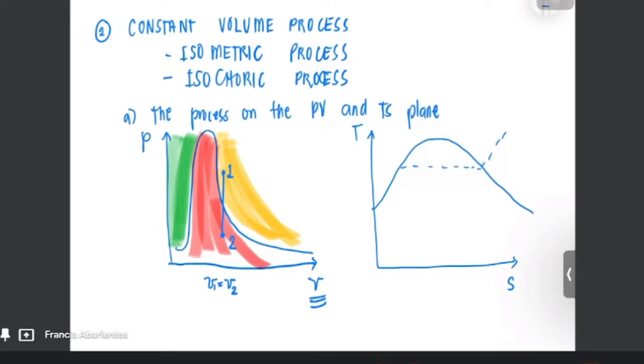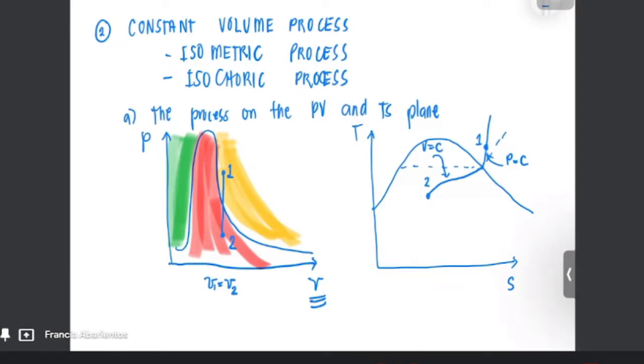Diba? In a volume, class ito. From point 1 to point 2, dito class, constant pressure ang nangyayari. Dito is constant volume.